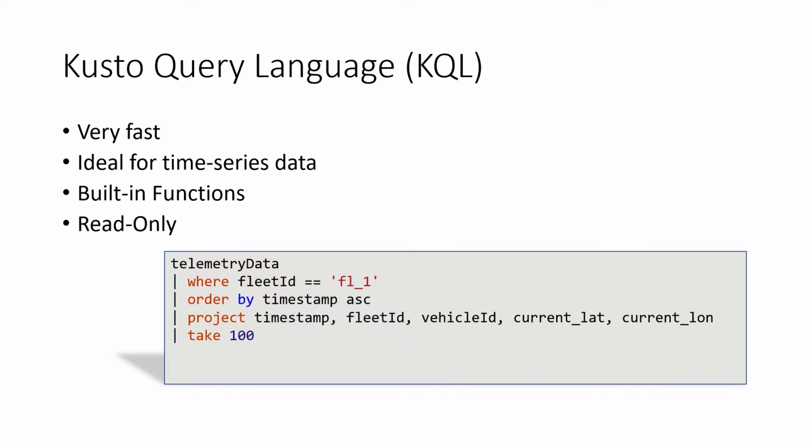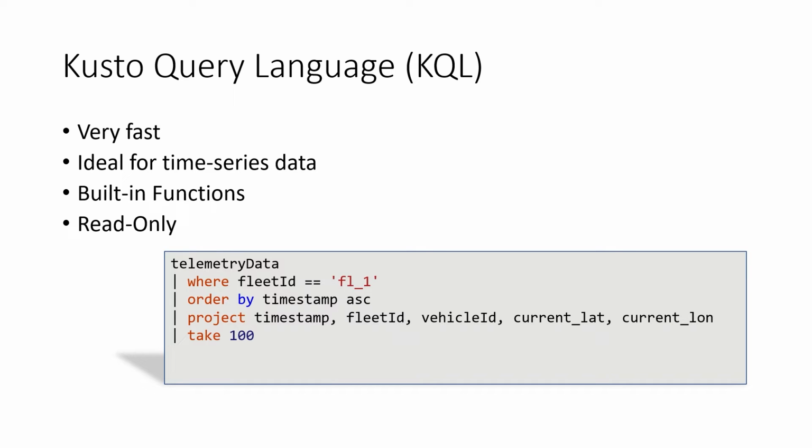What's KQL? KQL is a query language, very, very fast. It is ideal for time series data because ADX, as it's written, is optimized for time series data, but you can use it for any kind of data if you want to. It will filter on it, so that's where the best indexes are. It has dozens of built-in functions that you can take advantage of, and also it's a read-only language.